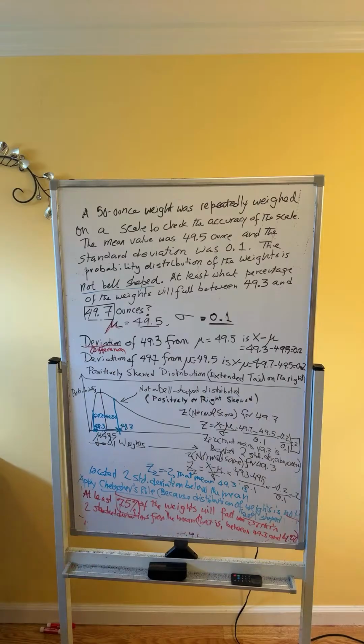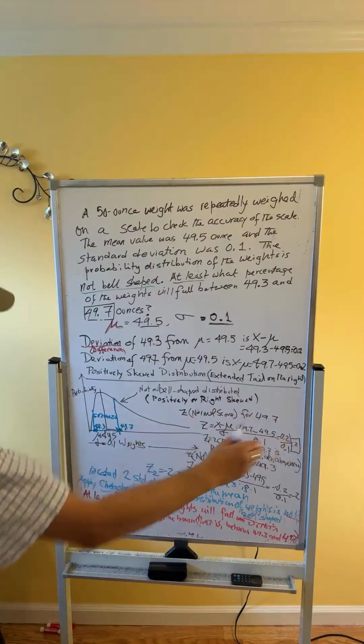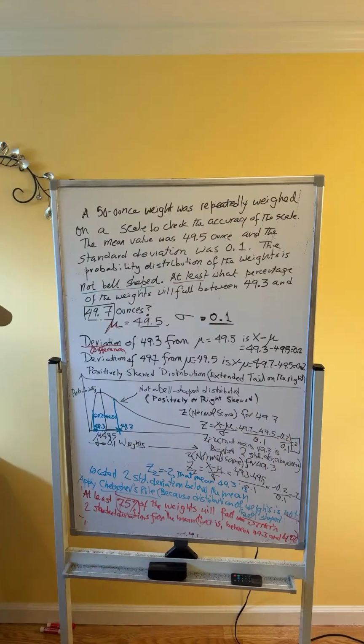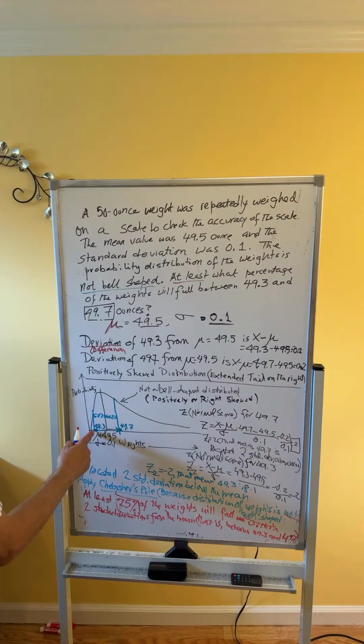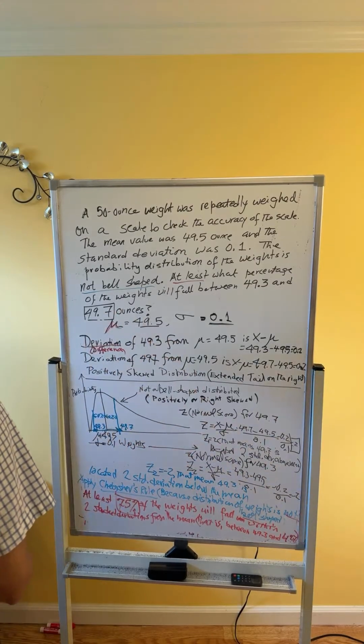Chebyshev's theorem, which applies to any kind of distribution, says at least, which is why the question said at least, 75% is the minimum. At least 75% of the weights will fall within 2 standard deviations of the mean, that is between 49.3 and 49.7.